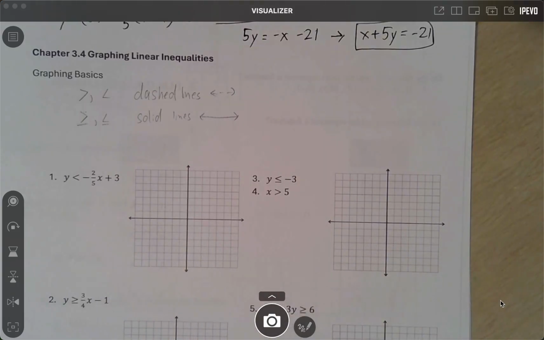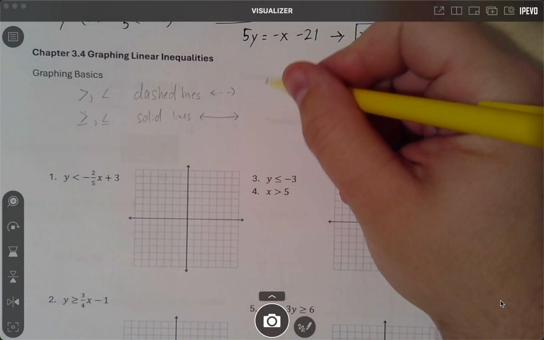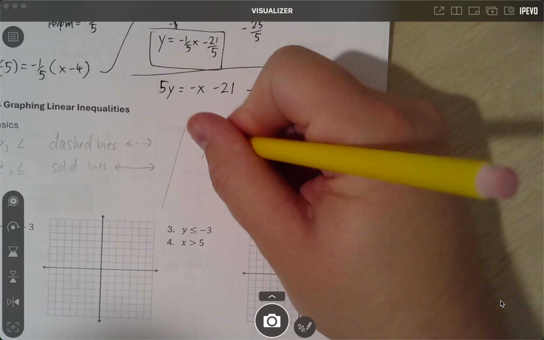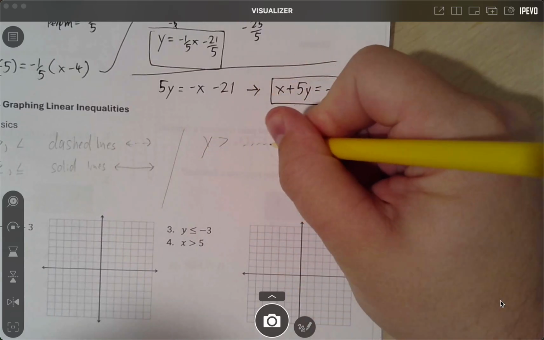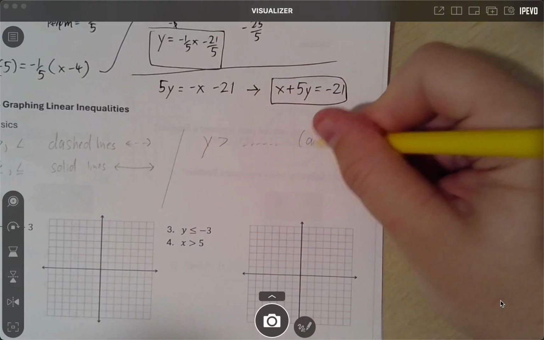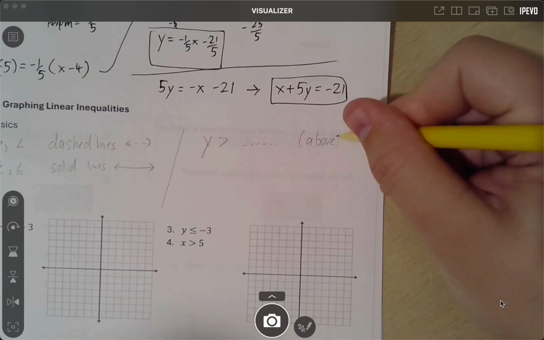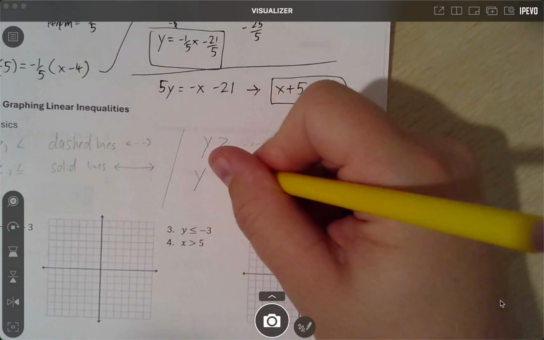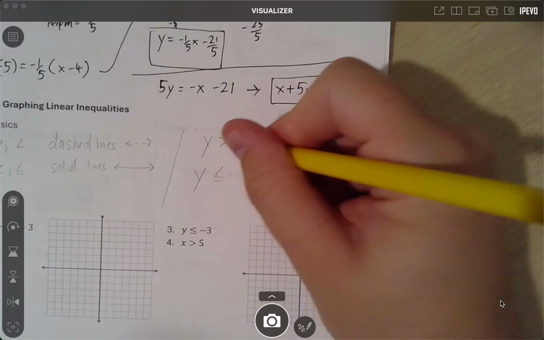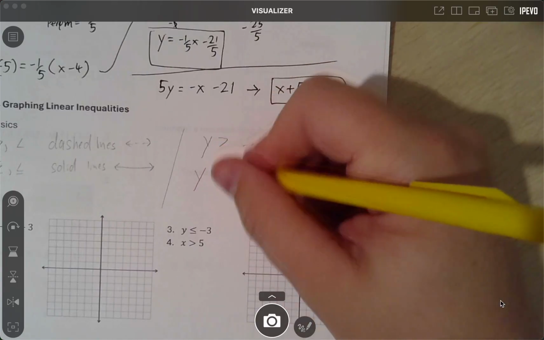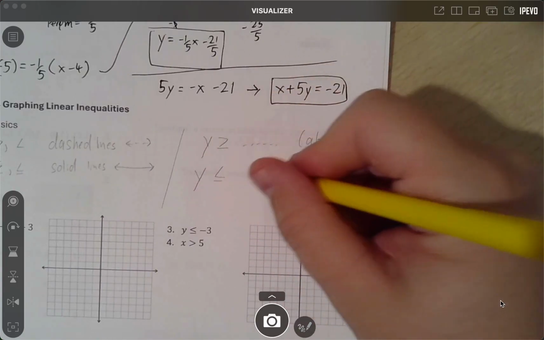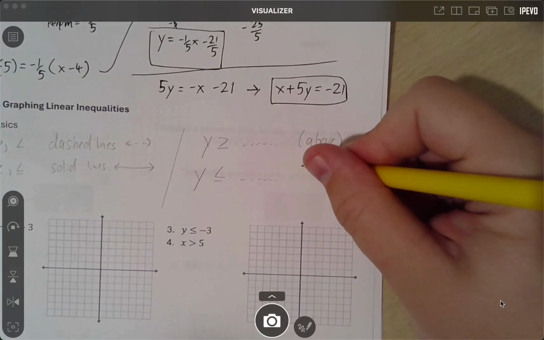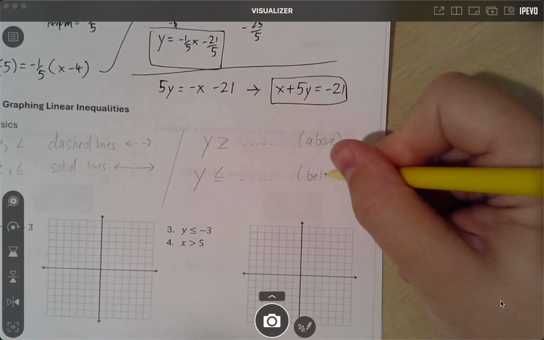Alright, from there, what we need to know is if it says y is greater than blah, blah, blah, that means above for your shading. And if it says y is less than or equal to, or greater than or equal to, whatever that algebra is, we shade below.